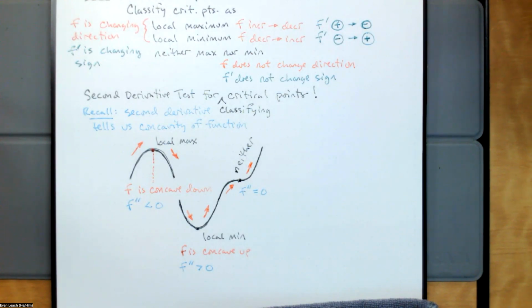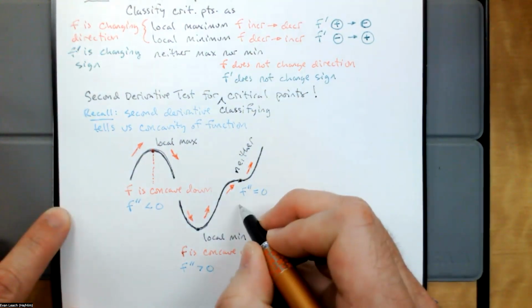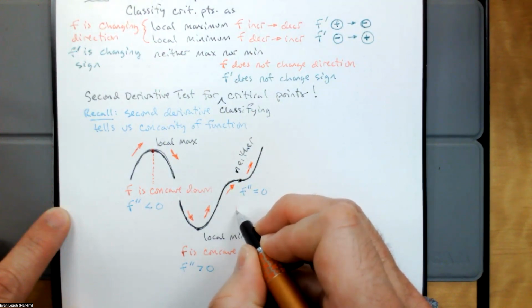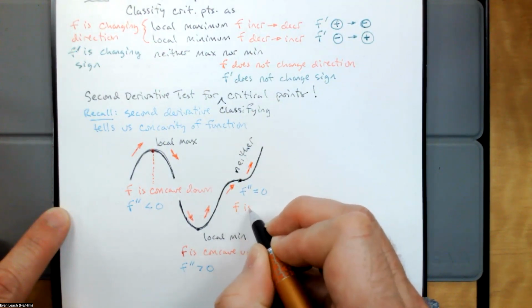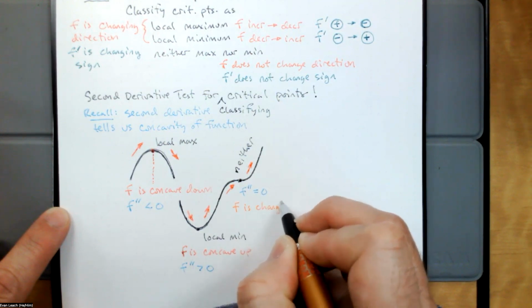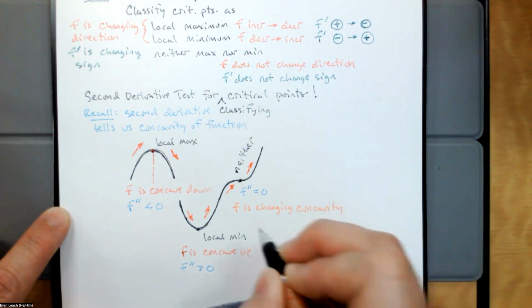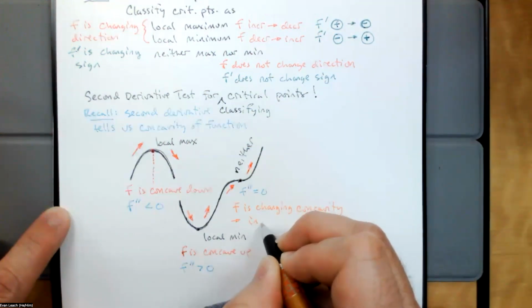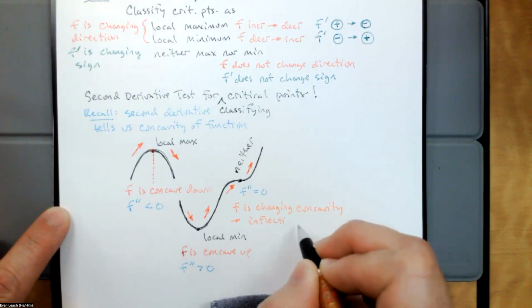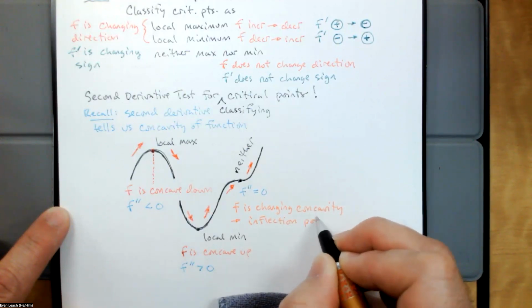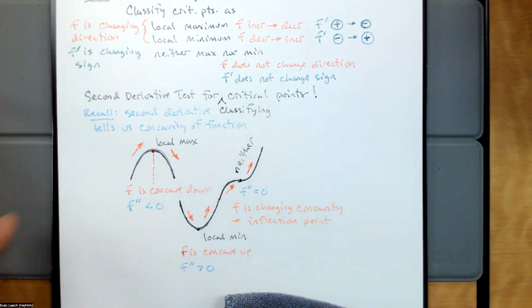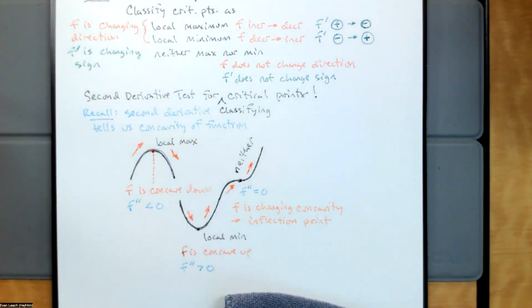So we would call this point an inflection point. So when a function is changing concavity, we refer to that as an inflection point.